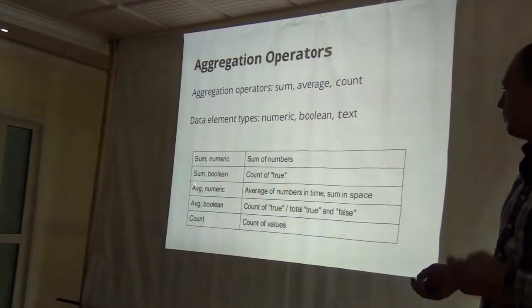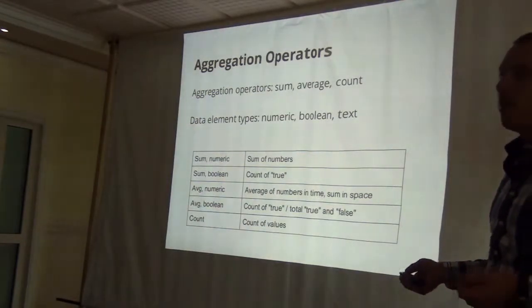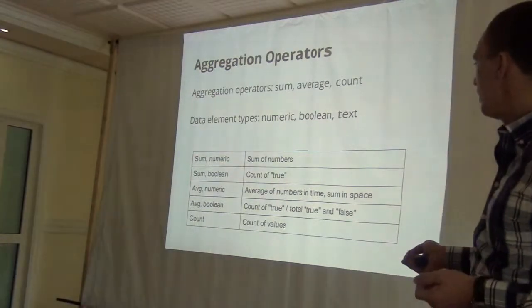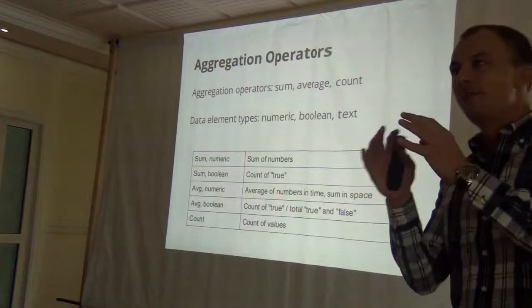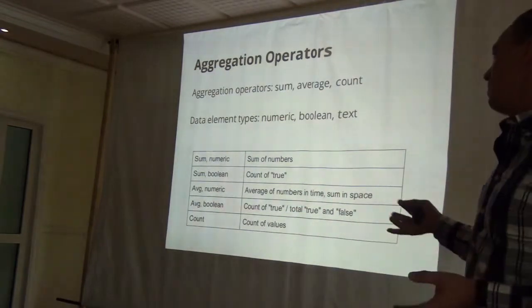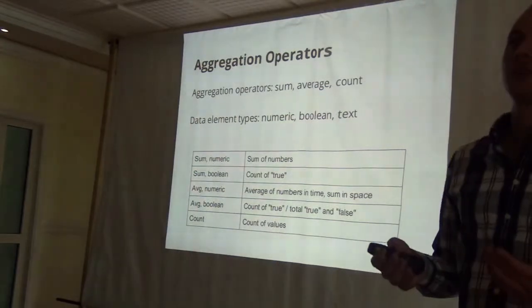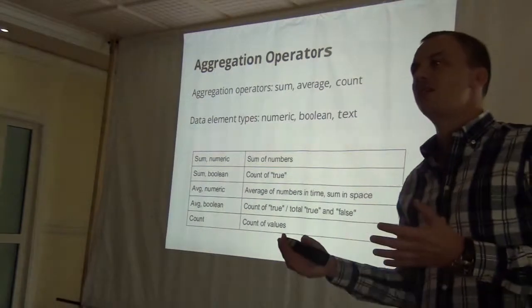Okay, so if you have the average aggregation operator and a numeric data element, then it's going to take the average of numbers in time and the sum in space. So it averages the numbers in time and it sums in space. So the point is, for instance, something like population is typical for average aggregation operator. Right? Population is numeric, but it's also average in time.